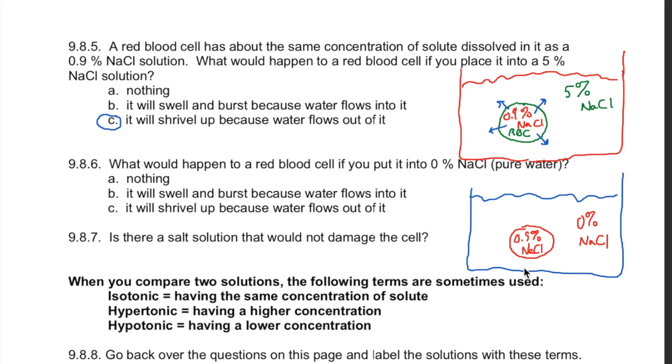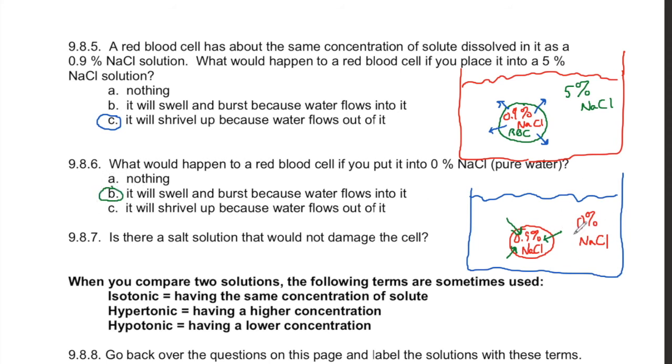All right, so what if you put some red blood cells in a solution with no salt in it, just plain water? So now we have 0% sodium chloride on the outside and 0.9% on the inside. So water will flow from the area of lower concentration to the area of greater concentration, and we will have the cell swell up and burst with water flowing into it.